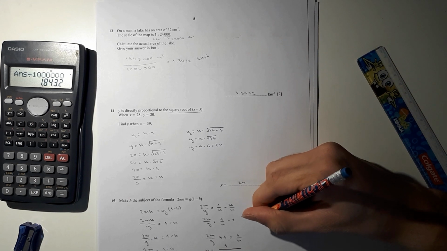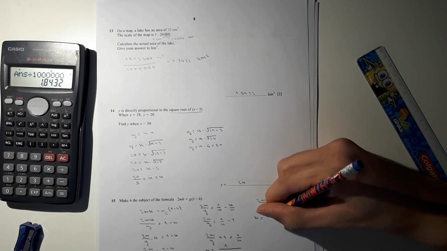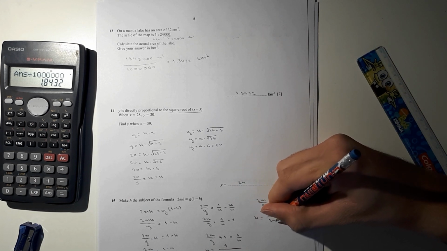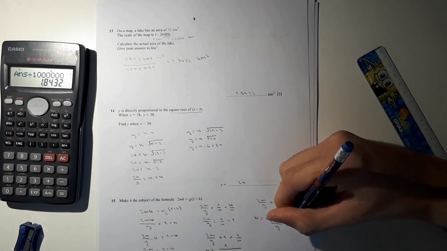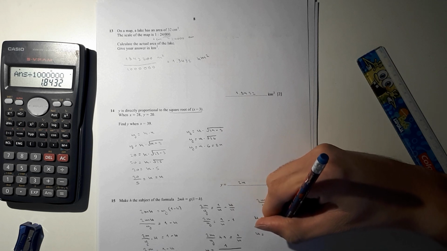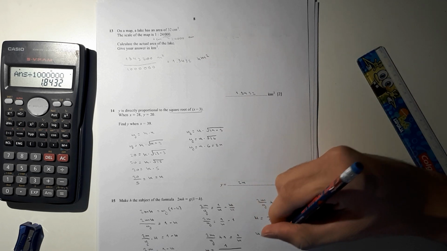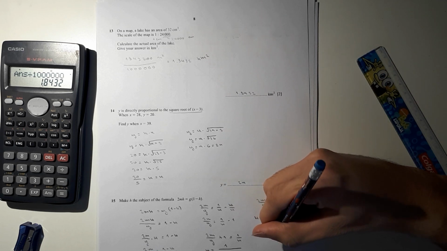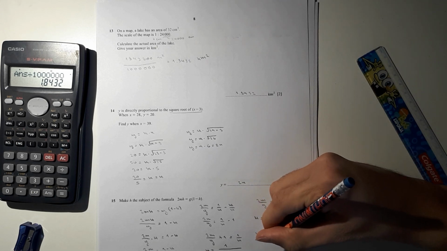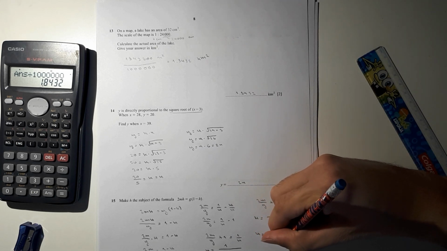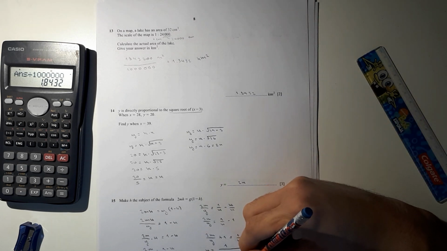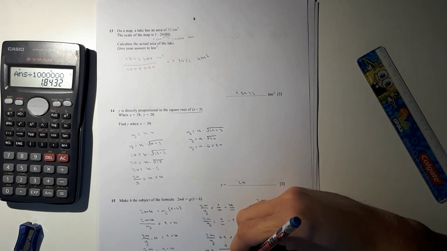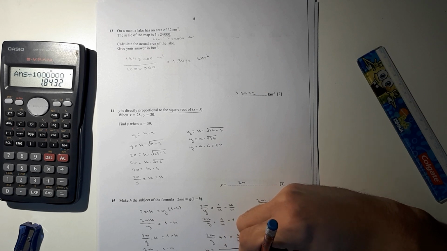So we got that h equals 1 over (2m plus g)/g, and we can rearrange this result as g over (2m plus g). So we got g over 2m plus g.